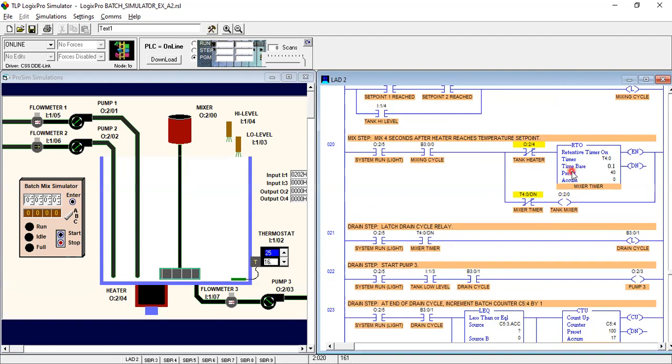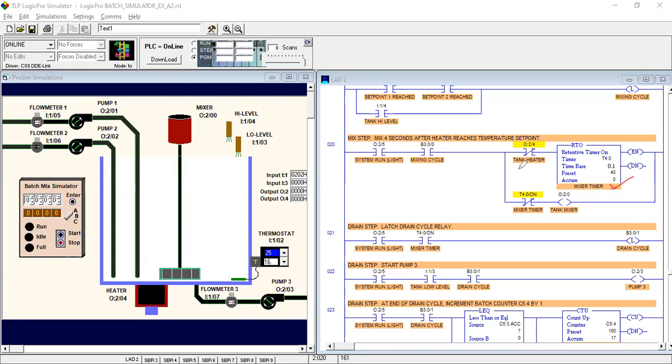For resetting we have to take the reset bit to clear all the data of this retentive timer on. The timer address is like T4:0, time base 0.1, preset value 40 seconds, and accumulated value 0.